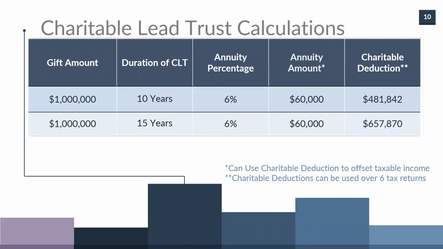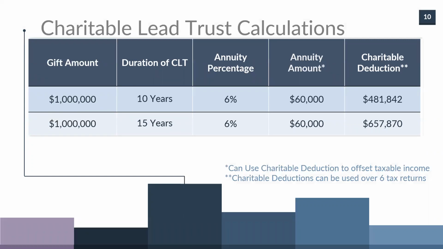This creates a planning opportunity, because in this scenario, let's assume our client has exercised stock options. They want to reduce the tax hit of those stock options. So now they put the $1 million into the trust for 10 years and pay out $600,000 over the 10-year period to the charity.